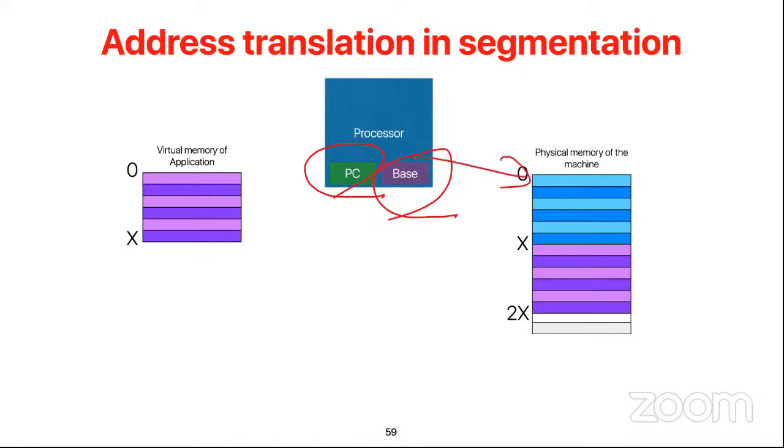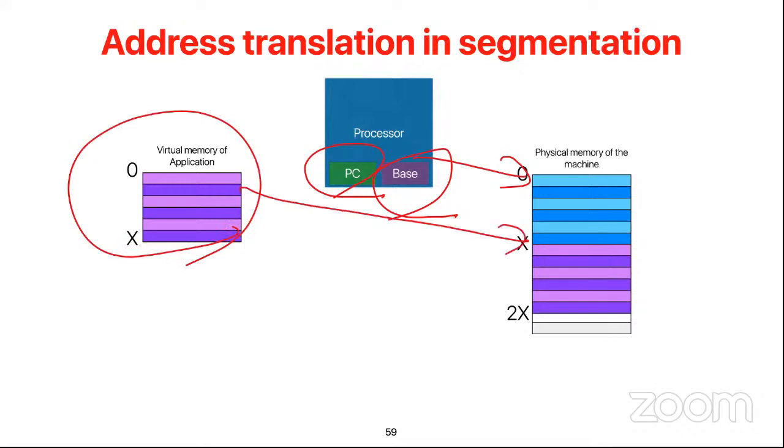So if I'm currently running this application, the base register will be set to X. If right now I am accessing instruction 0 in this segment, it will be translated to the address X, which is the right place the virtual address maps to in physical memory.